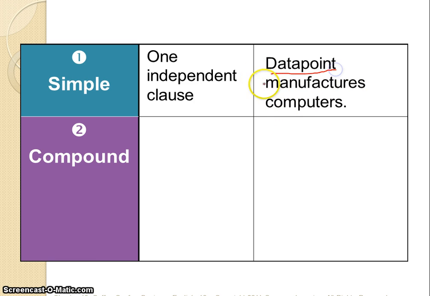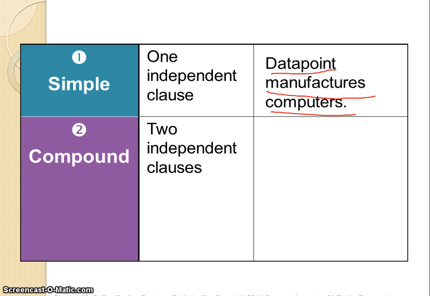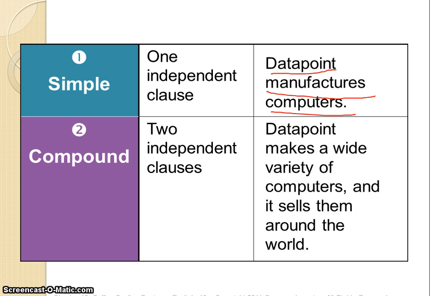Here's our subject, here's our verb, and here's our object. One independent clause. Two independent clauses is a compound sentence, and you're usually joining them with a conjunction of some sort.